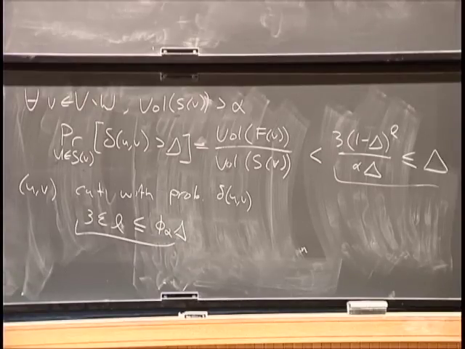And then look at the sets that the partitioning outputs. Now, for each set, we'll say it's small if its volume is at most alpha.